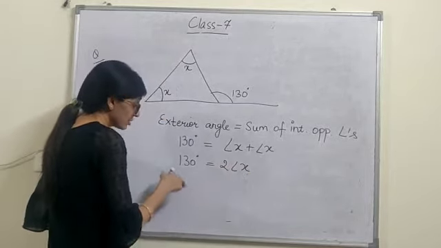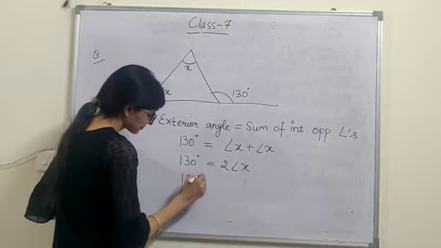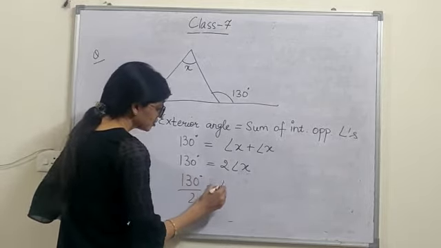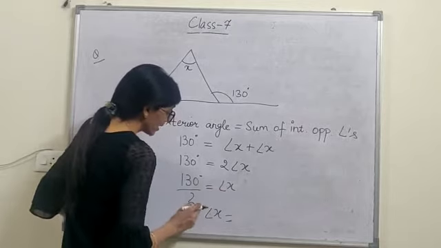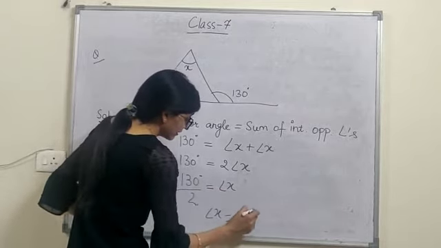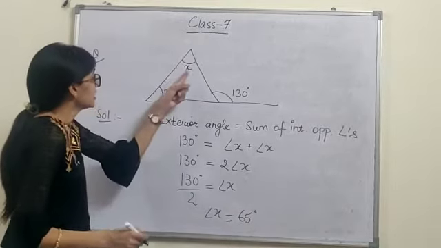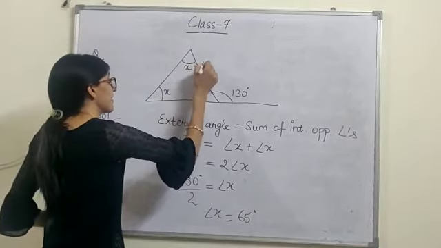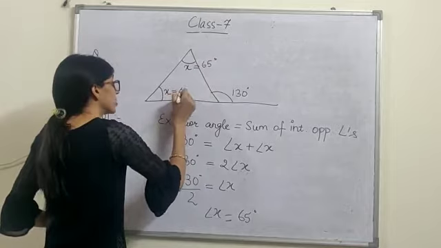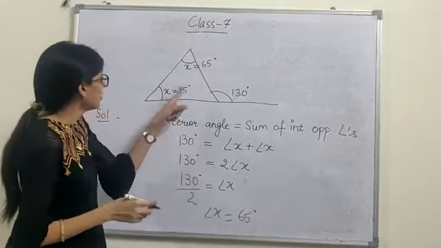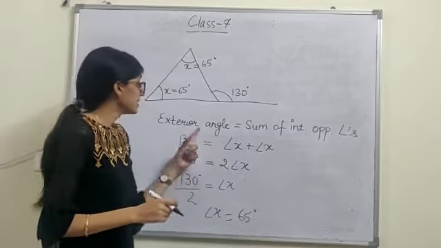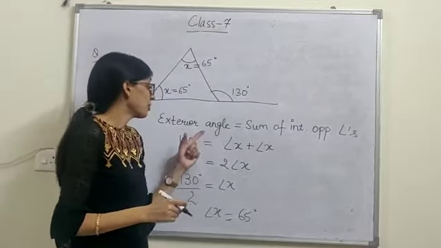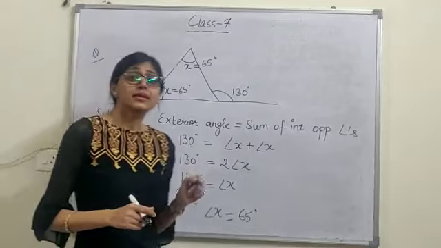This 2 comes to this side in division. So what does angle x come to? Angle x comes out to be 65 degrees. So this angle is equal to 65 degrees and this angle is equal to 65 degrees. And what is 65 plus 65? 130 degrees. That means the property which we are stating is correct.